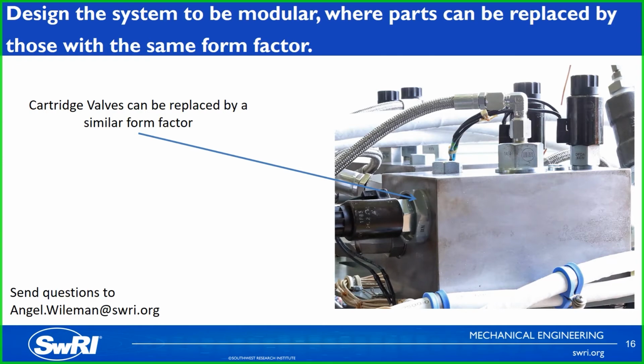But again, we had identified that we could use some other options, and so we were able to put in an adapter cartridge valve in the same form factor that was electronically controlled instead of a passively controlled device, and that way we were able to get the stability that we required for the system. So again, making sure that parts can be easily replaced and have a similar form factor can reduce the downtime during commissioning.